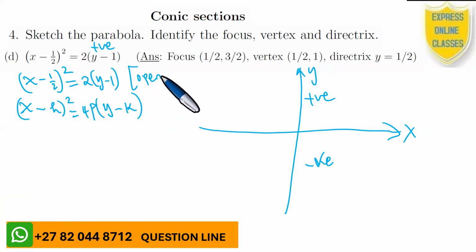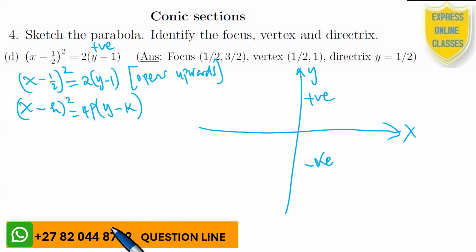All right, it opens upwards because of the fact that y is positive upwards, because there is a positive 2y.